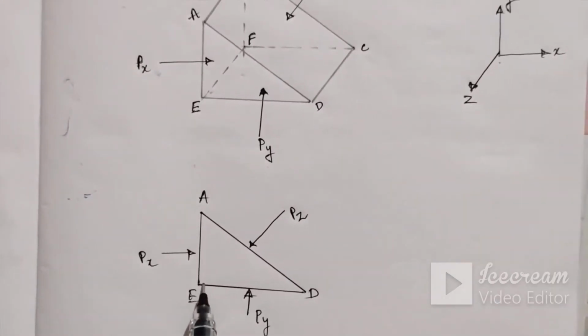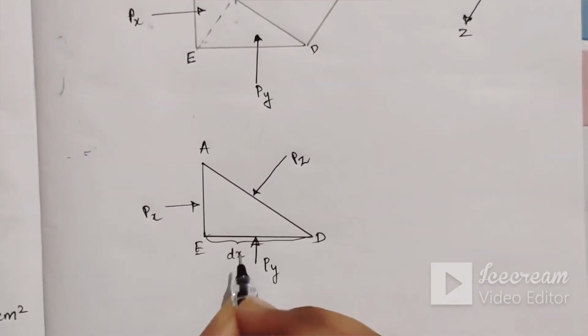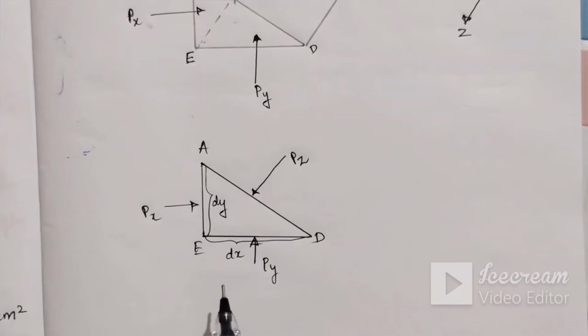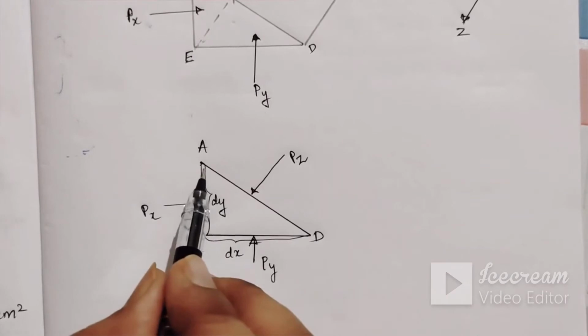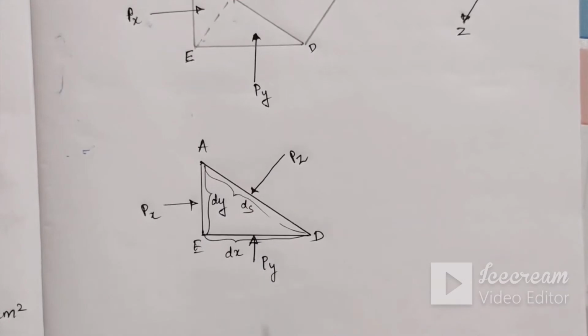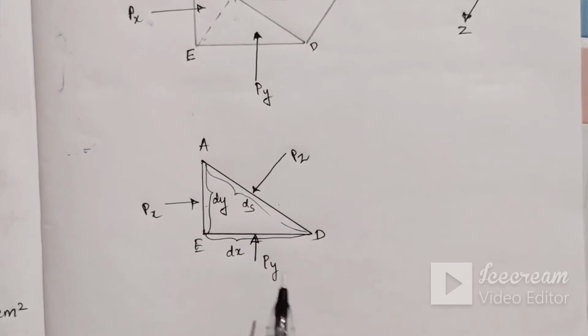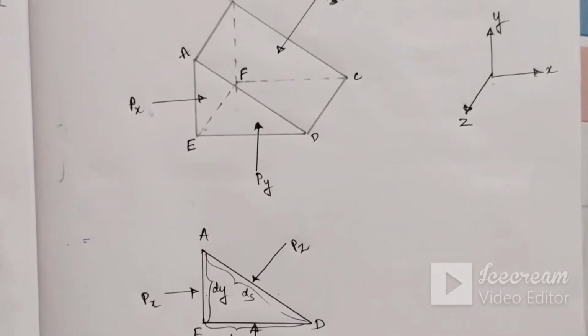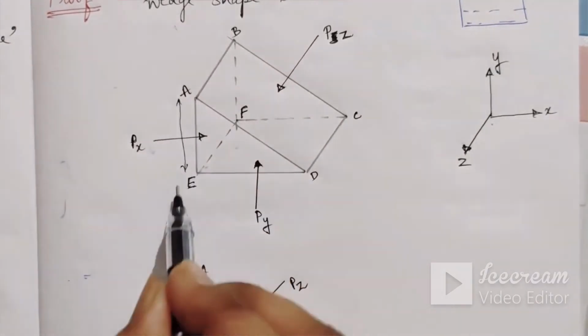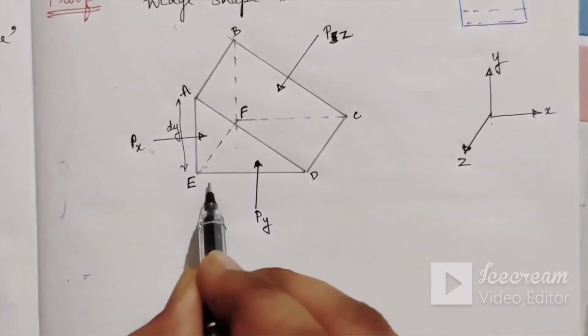See here what I do. X direction is in this way. So this one I'll take this direction dx, this direction dy. Okay, this is dx and this is dy, and I'll take this direction as ds. So whenever I do in 3D, what happens? Here see, this is vertical, right?